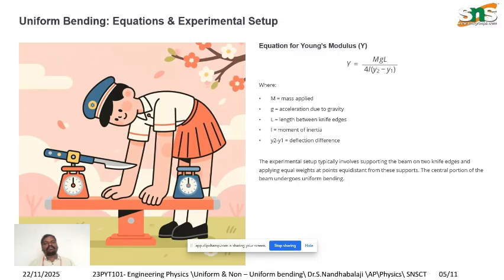And non-uniform bending equations and experimental setup: Y is equal to mgL cubed divided by 4bd cubed into delta. M is mass, g is acceleration, L is length, b is breadth of the beam, d is depth of the beam, and delta is the central depression.